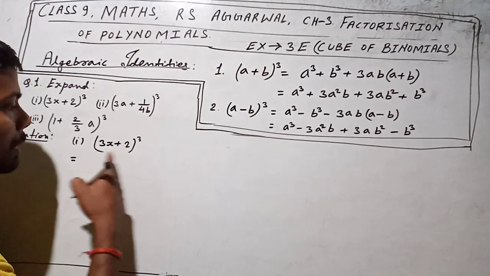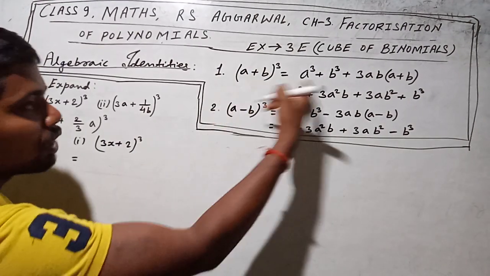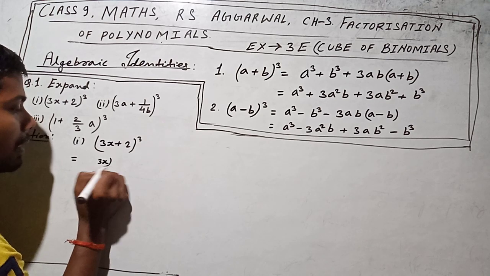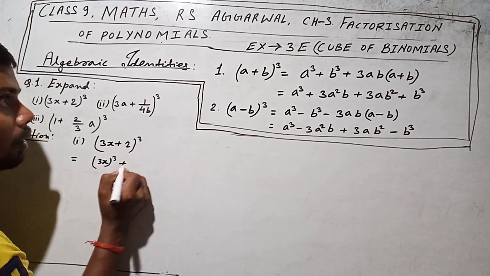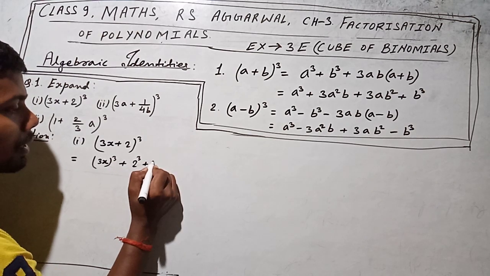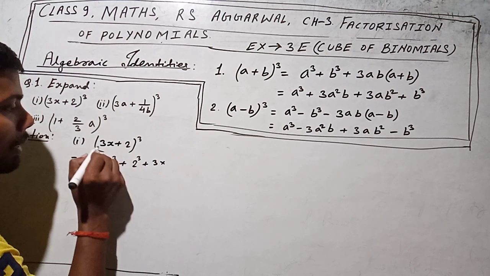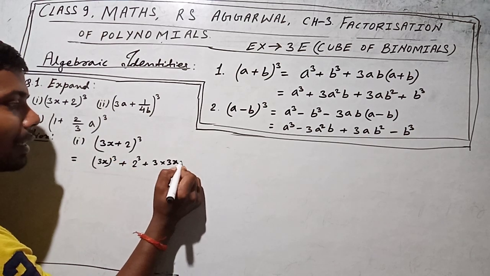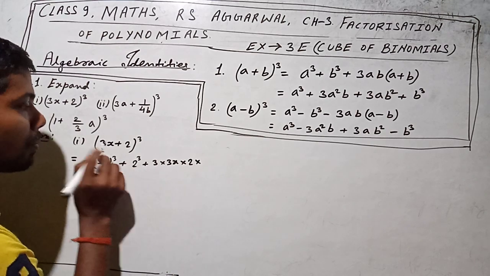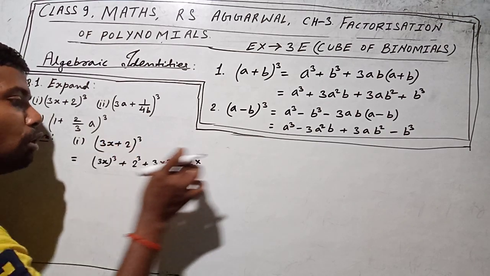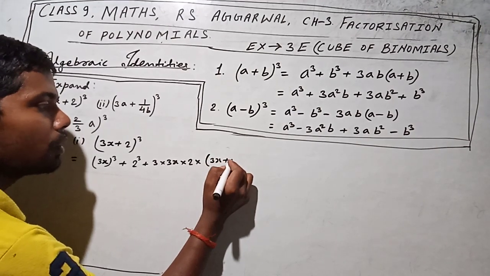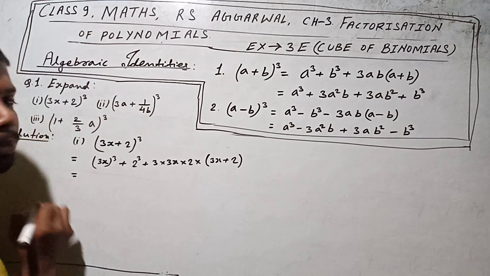If we expand, we get (3x) whole cube plus 2 cube plus 3 into ab, that means 3 into 3x into 2, into (a plus b), which means this whole binomial is written as it is, that is 3x plus 2.